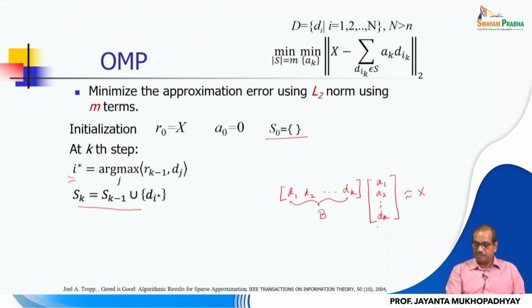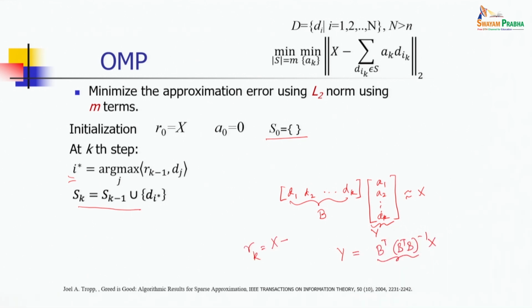So the solution of this one, if I denote it as y, should be once again B transpose B inverse x. This is a pseudo inverse. So I have to do this computation.